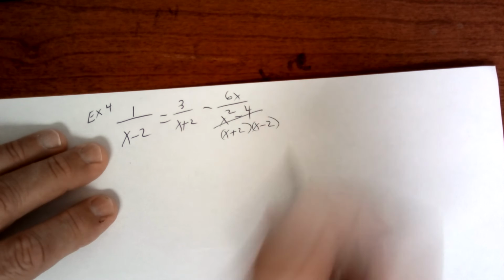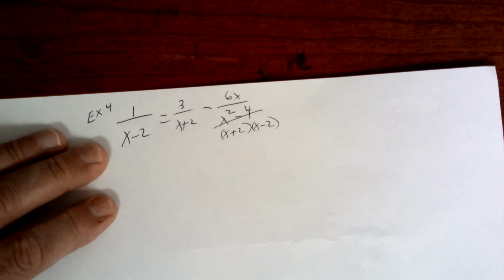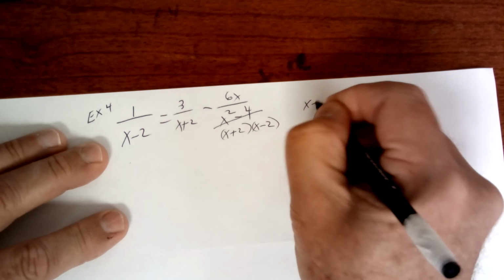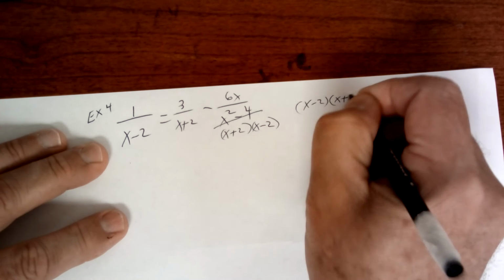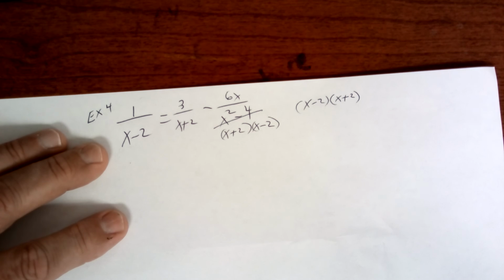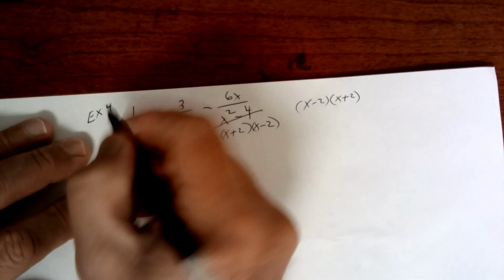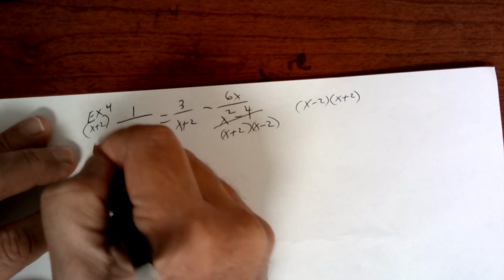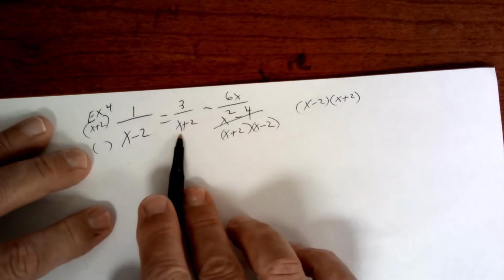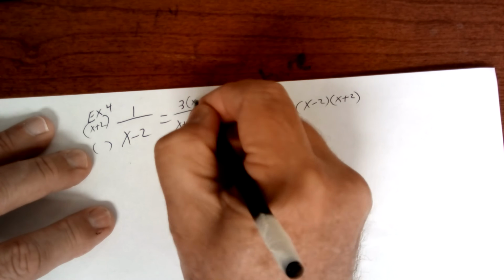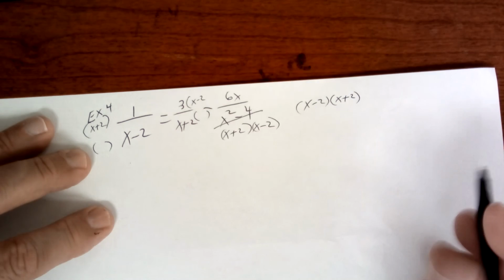Okay, which you should know. Now the least common denominator on all of this is going to be x minus 2 and x plus 2. If you don't know how to find the least common denominator, you're going to have to raise your hand. This one, you're missing the x plus 2. This one, you're missing the x minus 2. This one, you have everything.